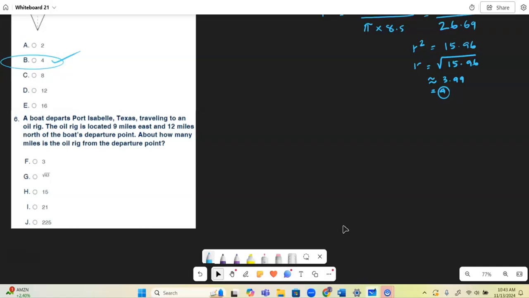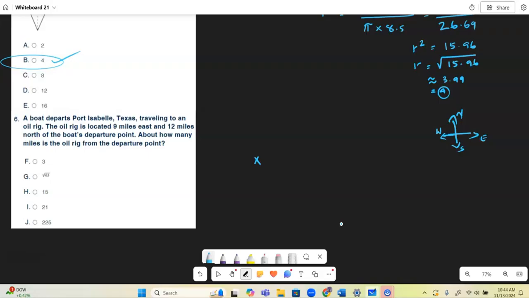A boat departs Port Isabel, Texas, traveling to an oil rig. So this is the port location. The oil rig is located 9 miles east. So this is north, south, east, west.